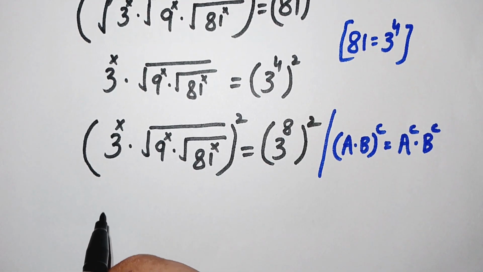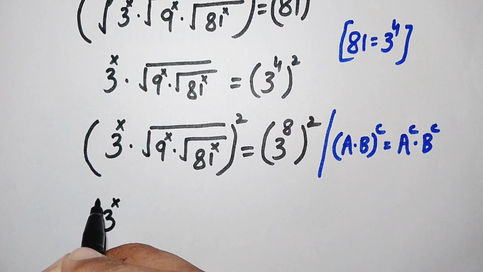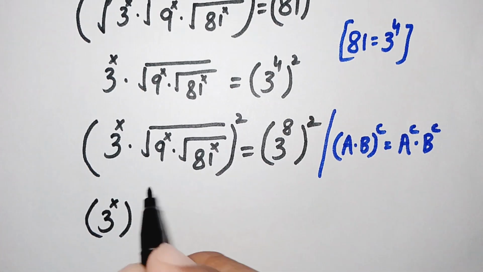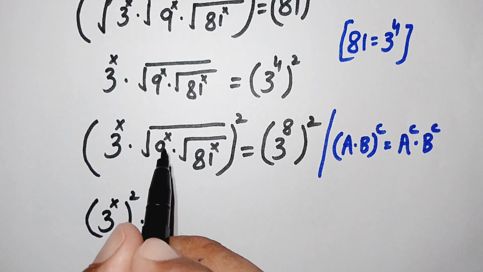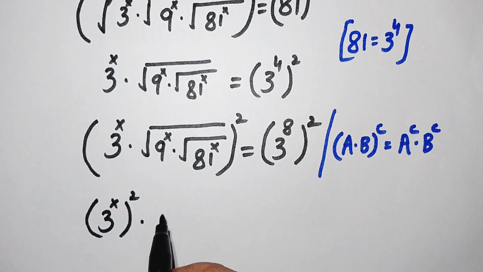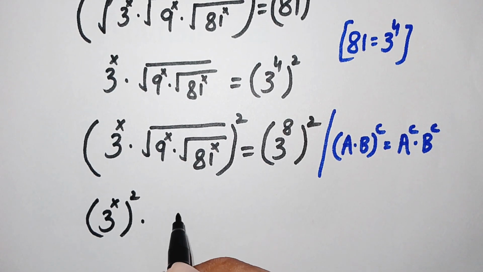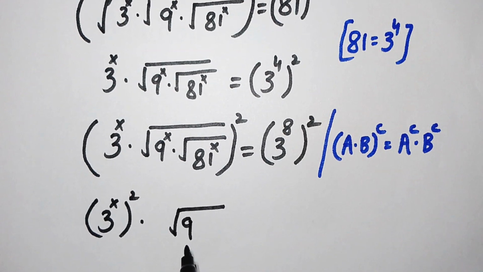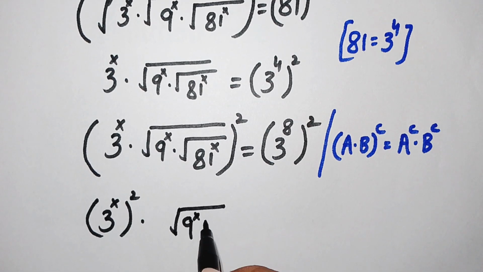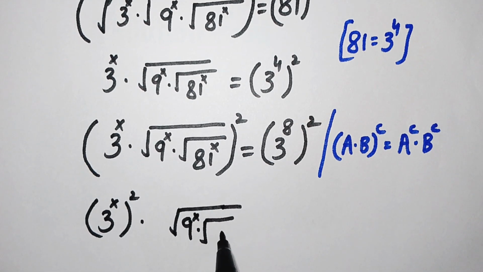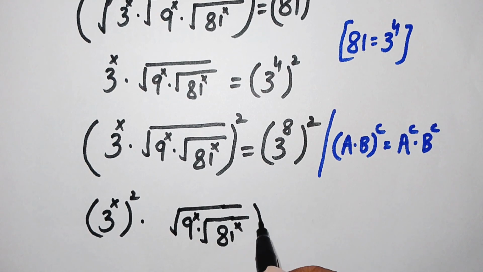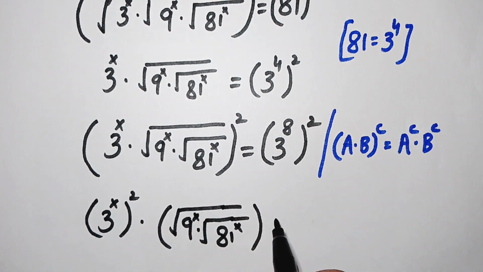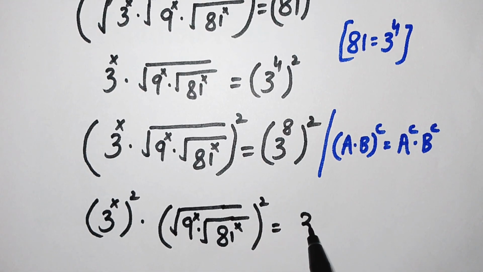So 3 to the power of x squared times the rest to the power of 2, so square root of 9 to the power of x times under square root of 81 to the power of x, this whole square, which is equal to 3 to the power of 8 times 2, which is equal to 16.